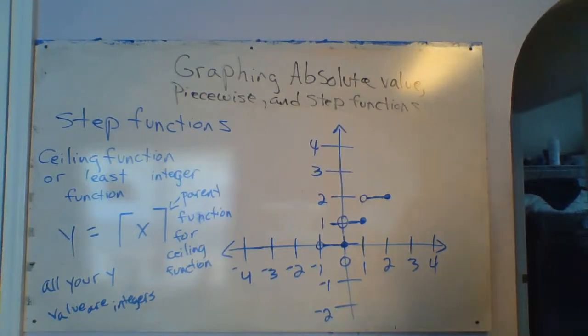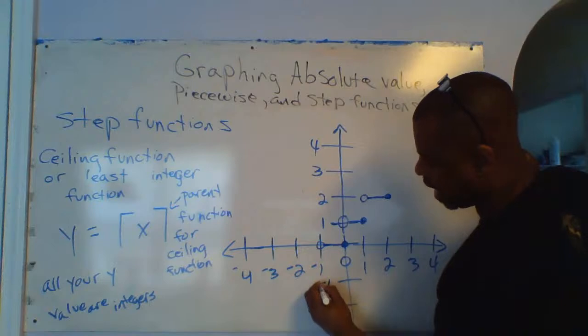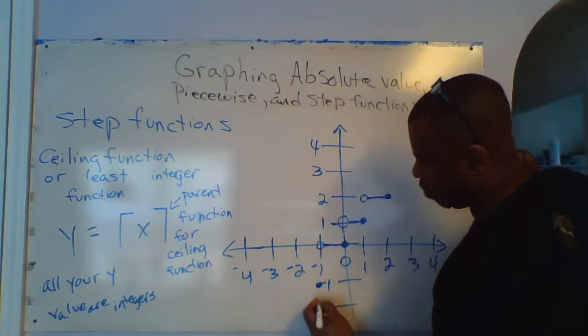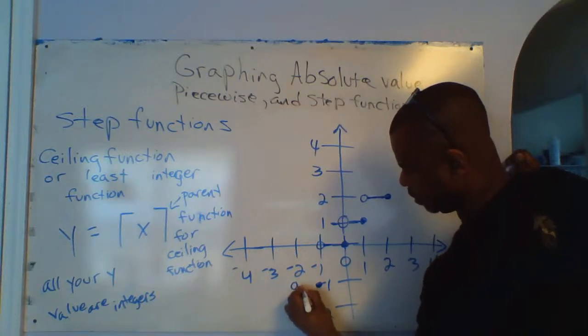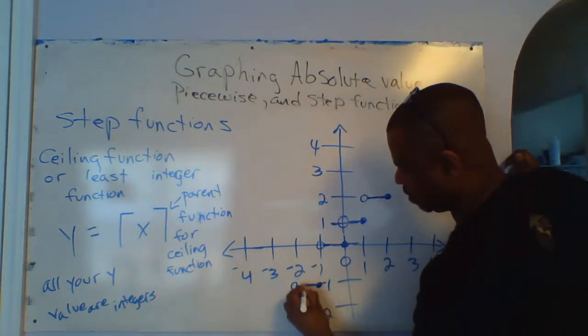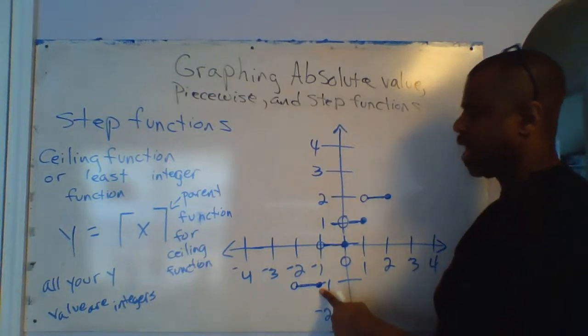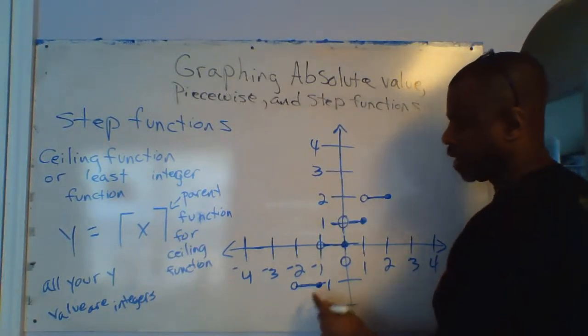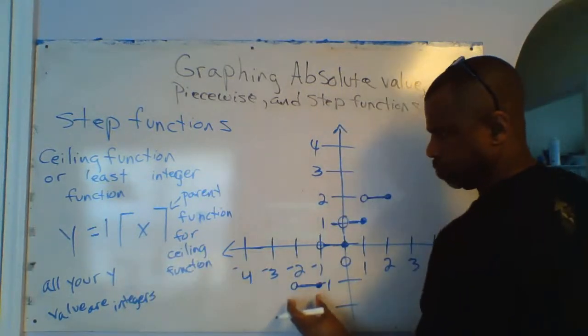So if I want to do -1, -1 is the highest value it could be at -1. So I'm going to close -1. I'm going to go and open 2, and then this is my ceiling function, because the highest value at -1 has to be -1. So I've got to go back one space, because this is 1 here.